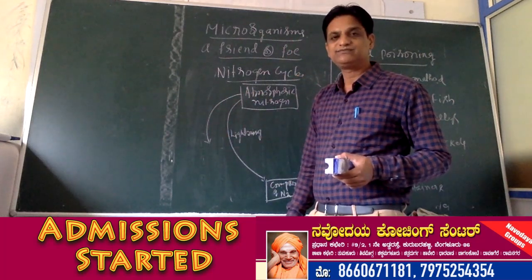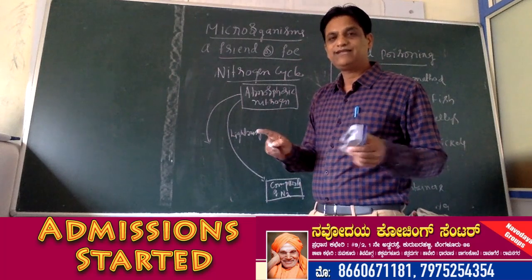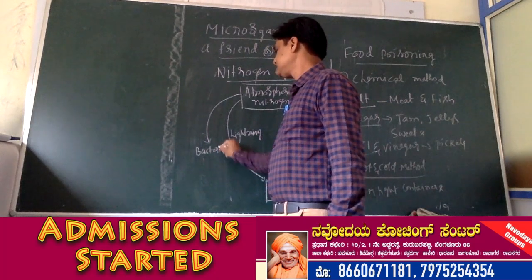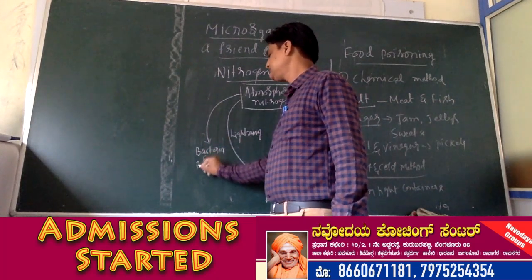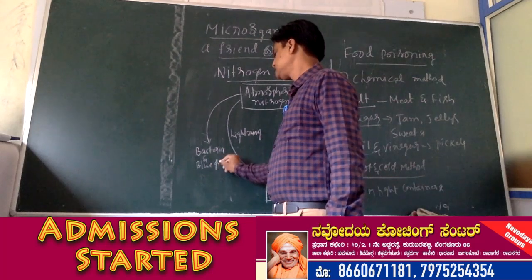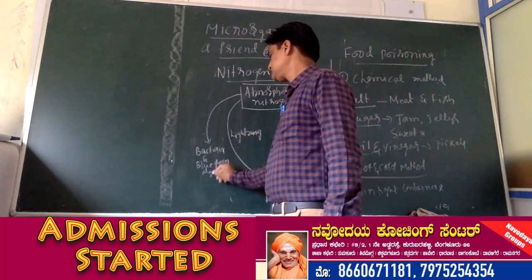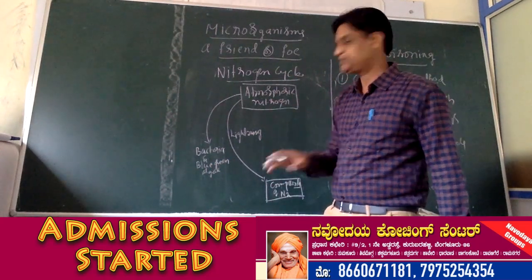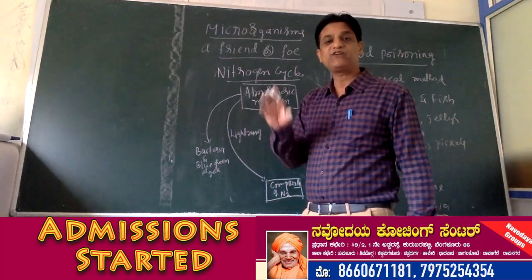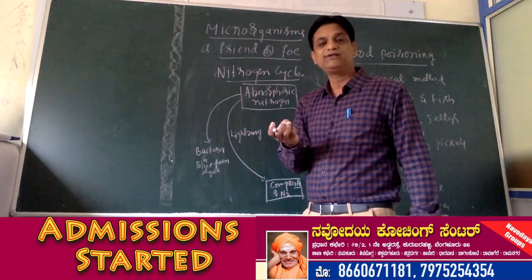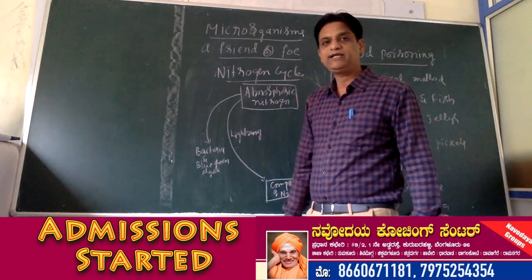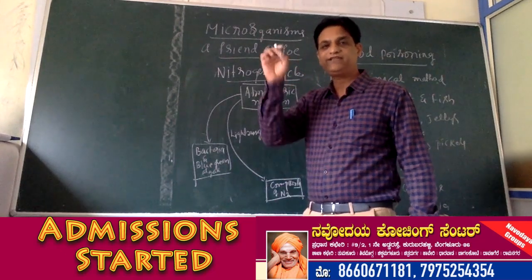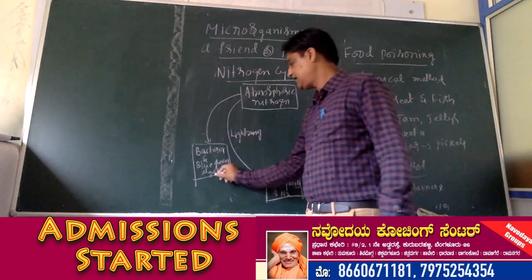And similarly, atmospheric nitrogen will be directly absorbed by bacteria and blue-green algae, which are called nitrogen fixing microbes. Rhizobium, which is found in leguminous plants, is capable of absorbing nitrogen directly from the atmosphere. So bacteria and blue-green algae are actually capable of fixing nitrogen directly into the soil.